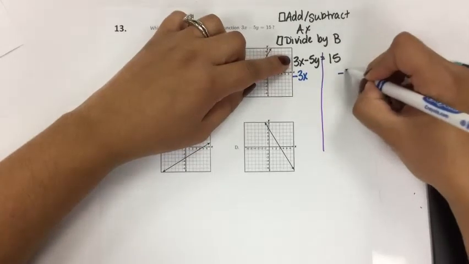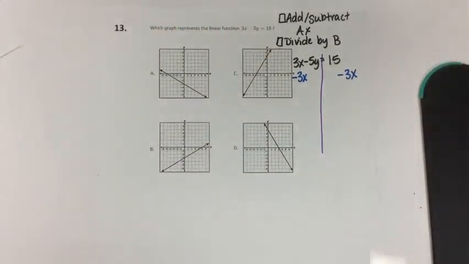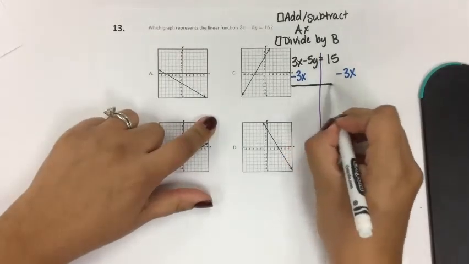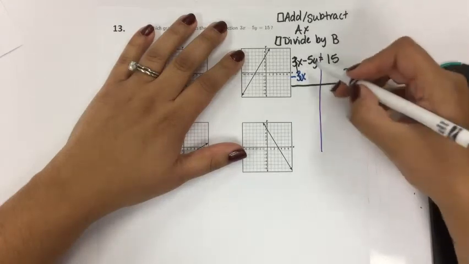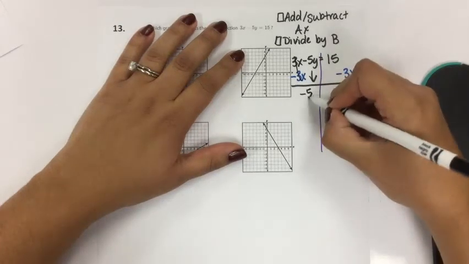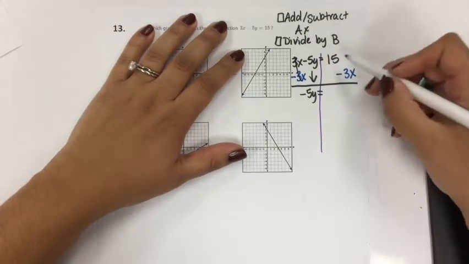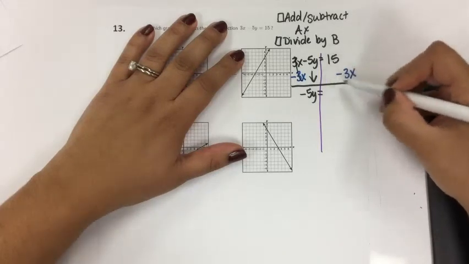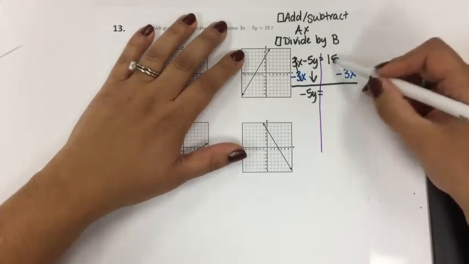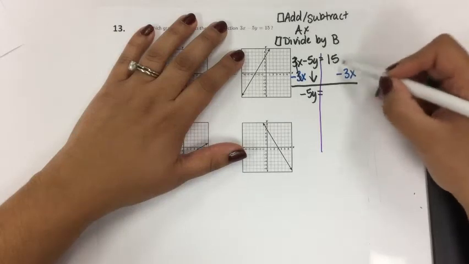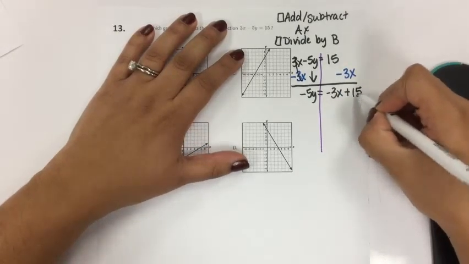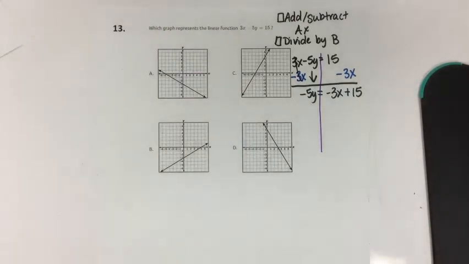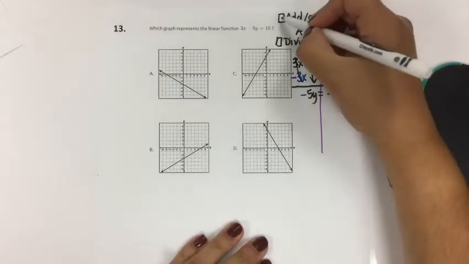What I do to one side, I need to do to the other. So 3x minus 3x, that goes away. I'm going to bring down my -5y equals. Remember, these two do not go together because they are 2 different terms. This has an x, this doesn't. So I'm going to bring it down. Plus 15. Okay, so my first step is done.